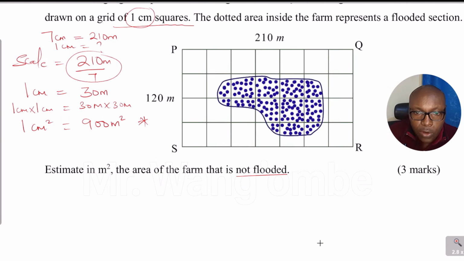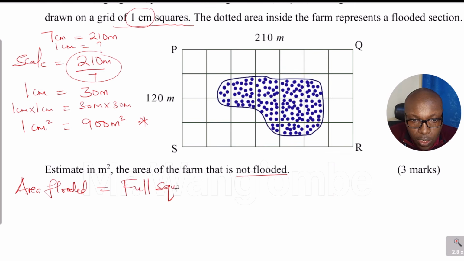flooded, we first need to get the area that is flooded, and that is an irregular shape. So we need to get the area of that irregular shape. And how do we do that? We need to get the number of full squares. How many full squares are here?